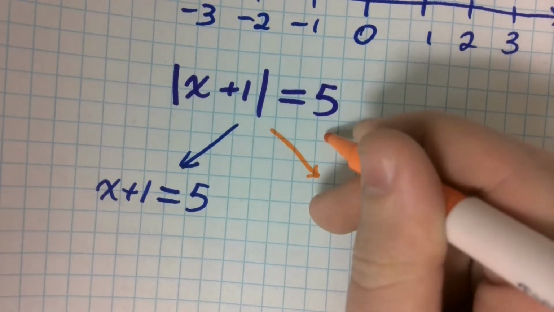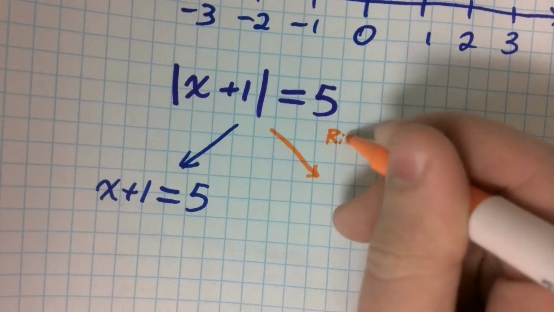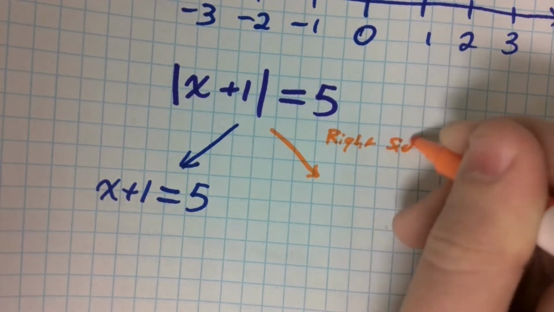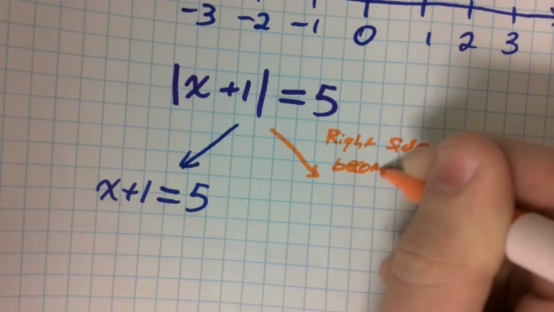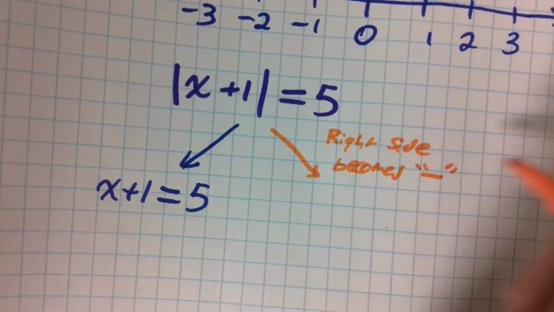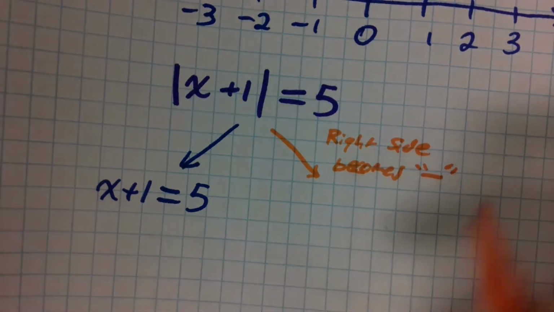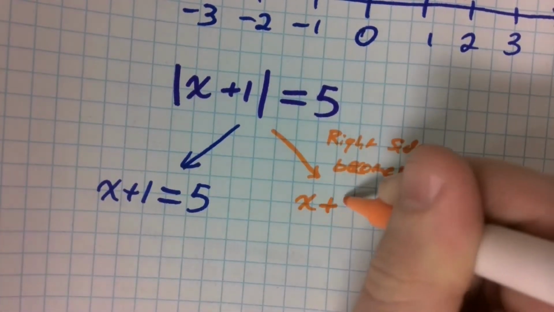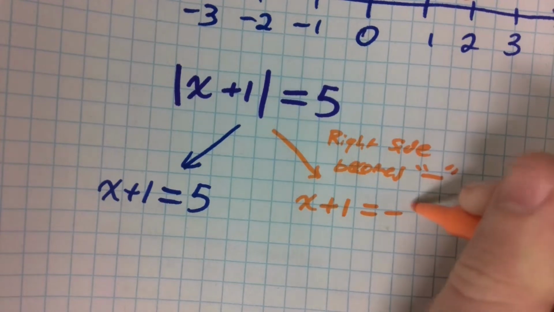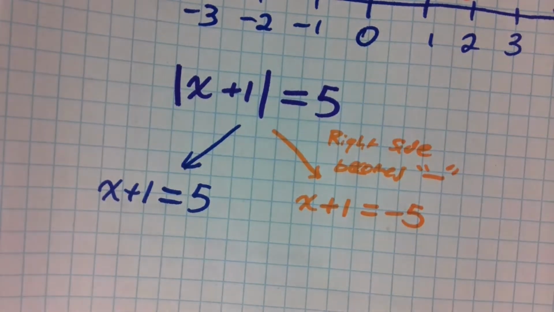If you said the right side becomes negative, then you are correct. So we would write out the problem exactly as is, except we would put a negative sign in front of our whole right side.